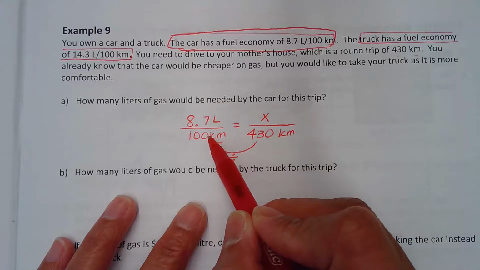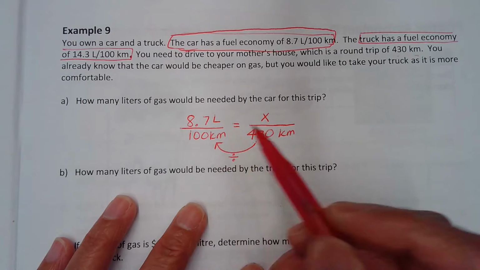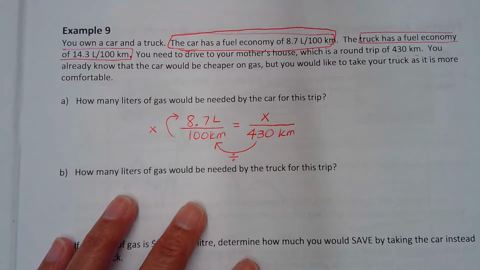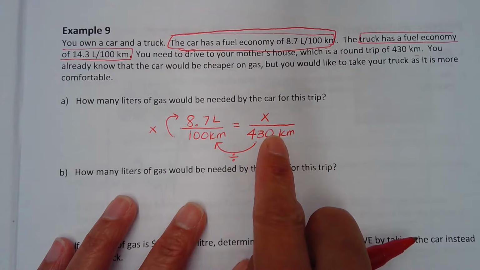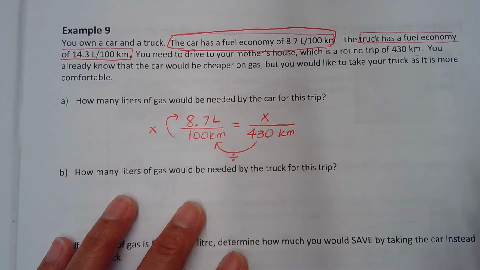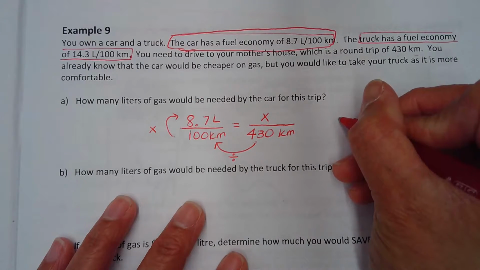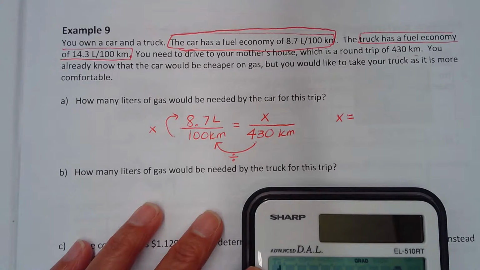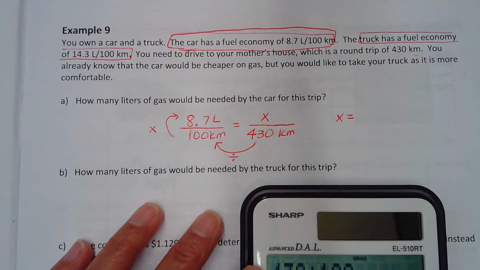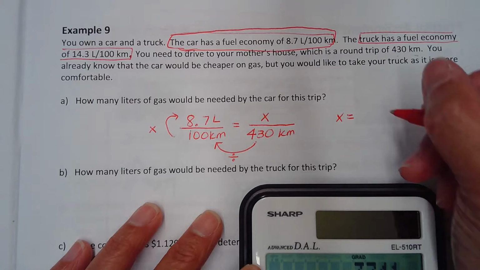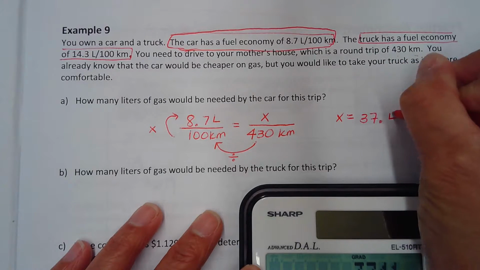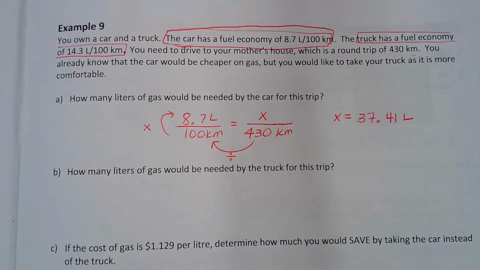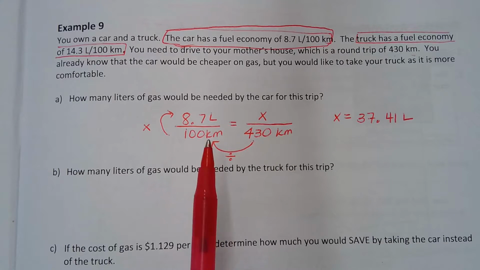So take 430 divided by 100, and then from there, whatever your answer is, you're gonna multiply it by 8.7. 430 divided by 100 times 8.7, and then you're gonna get x is equal to 37.41 liters. So this is one strategy.